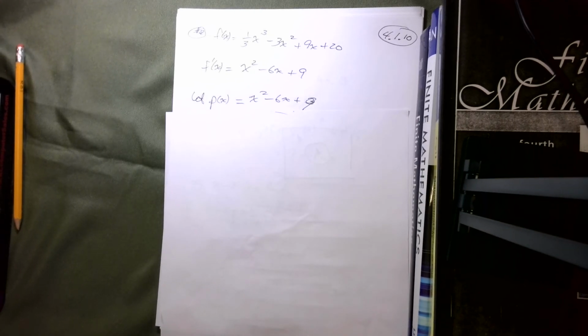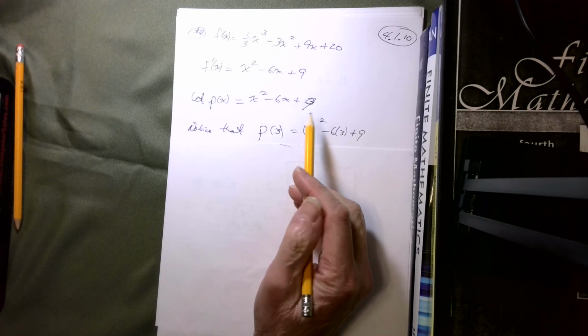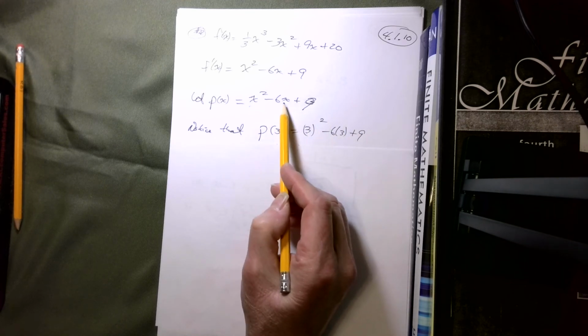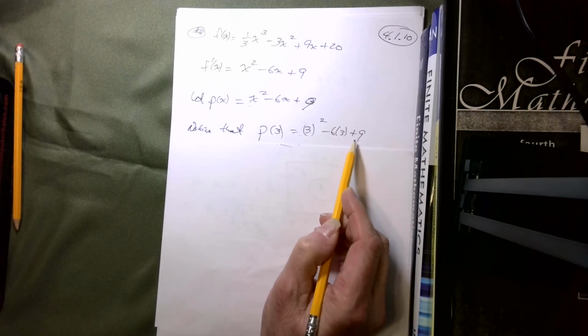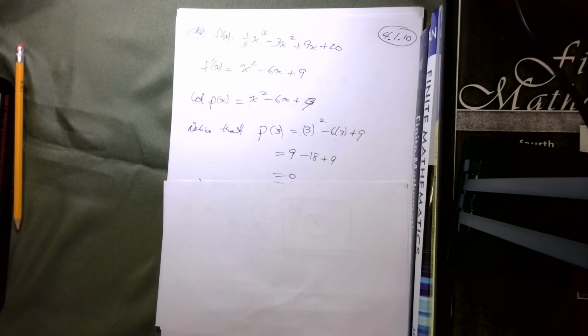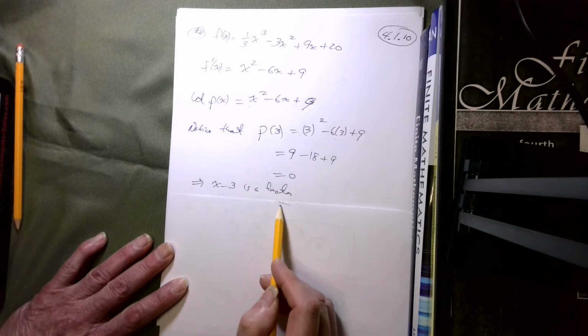On Quiz 1, I think it was, and Test 1, I suggested, let's put a number here for x and see what we get. So if I put in a 3, and I do the arithmetic, 9 plus 9 is 18 minus 18. It's 0, which means what? x minus 3 is a factor.